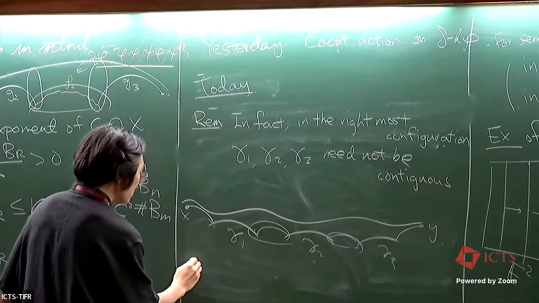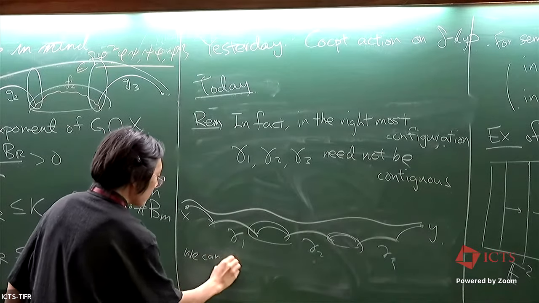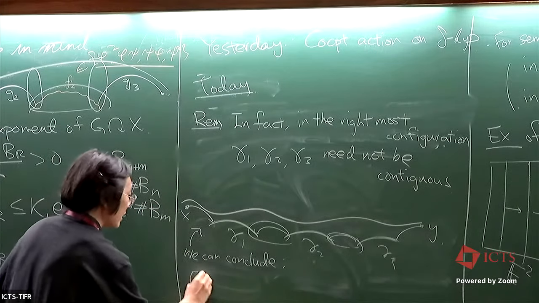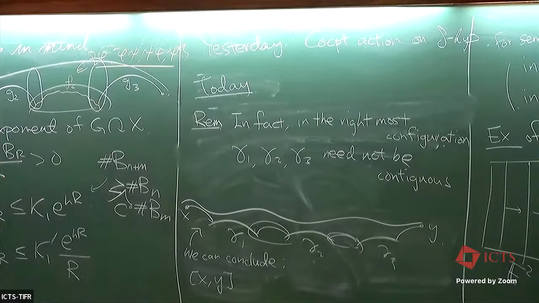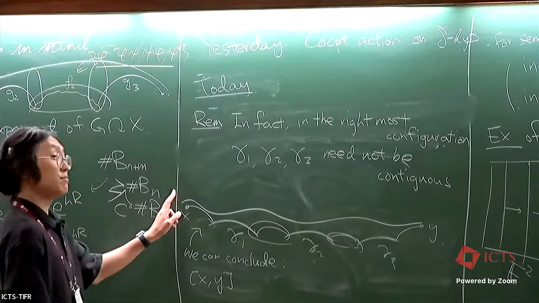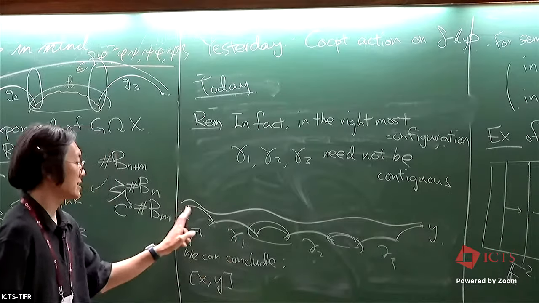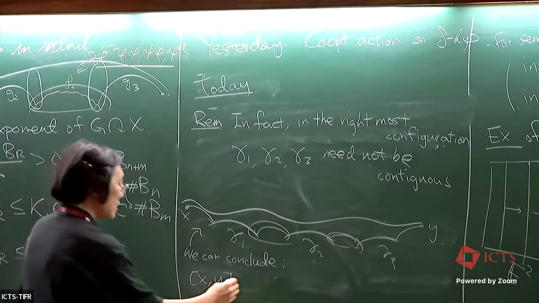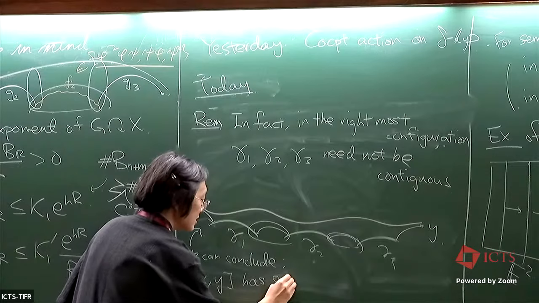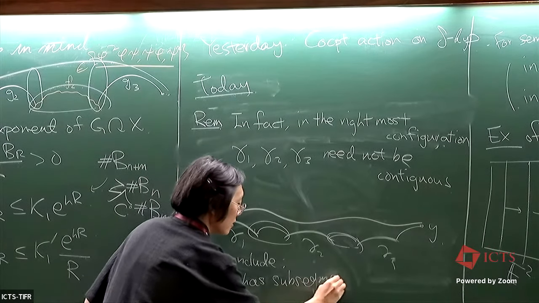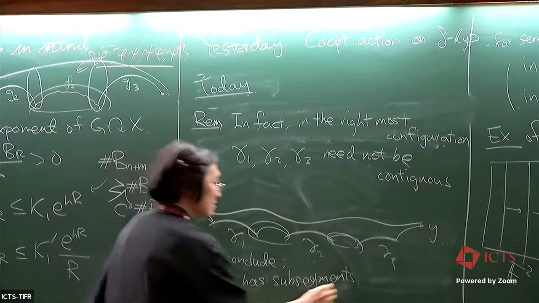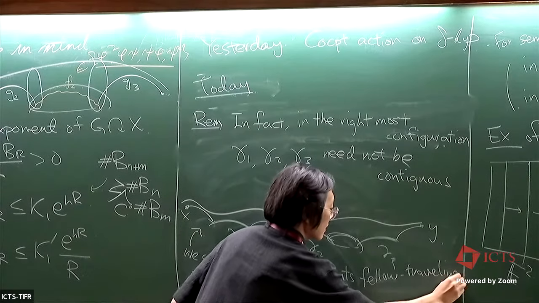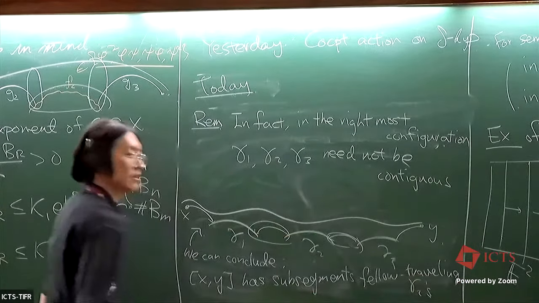And actually we can conclude here that the geodesic from X to Y, because you can prove that X and gamma 1, X and gamma 2, and all these things are globally well aligned as well, has subsegments fellow traveling the gamma i's, in the correct order.